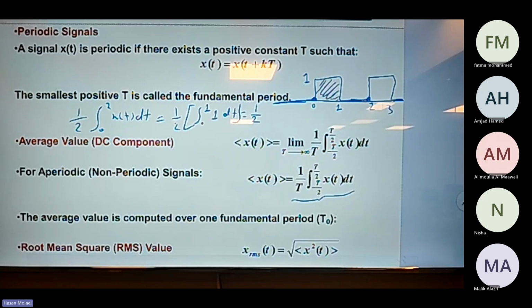Its area is 5. We should divide it by the period, 1 over 3. I change it like this. 1 point.